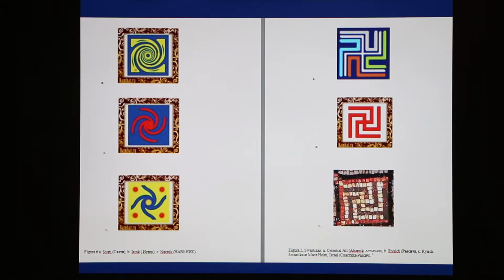So here are 3 ancient Russian symbols: Svati, Ishtok, which also means root, like Mula, and here Navnik, written also in Cyrillic. And this is the celestial all, or Alternik.